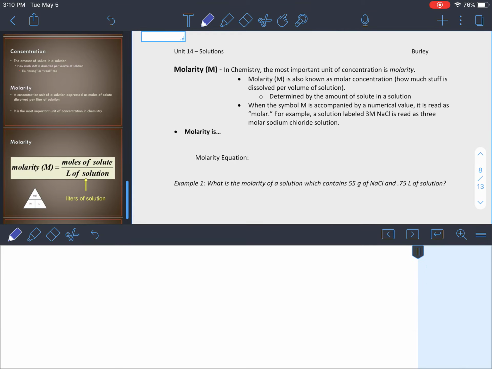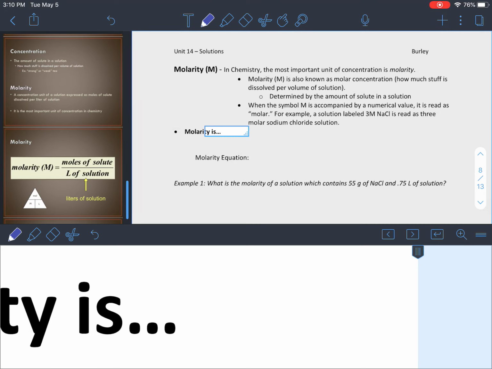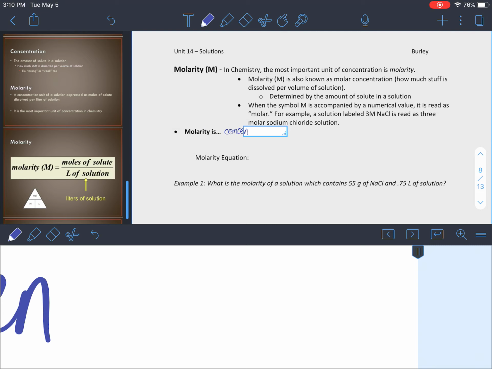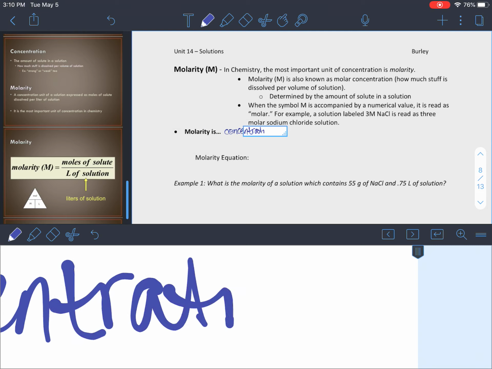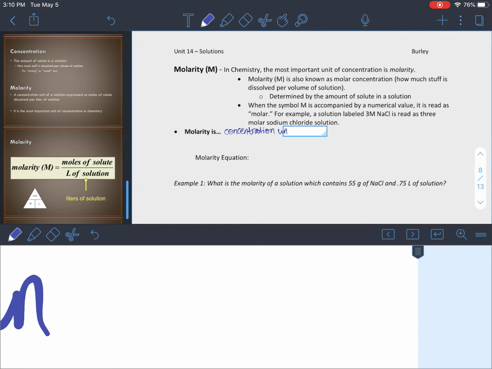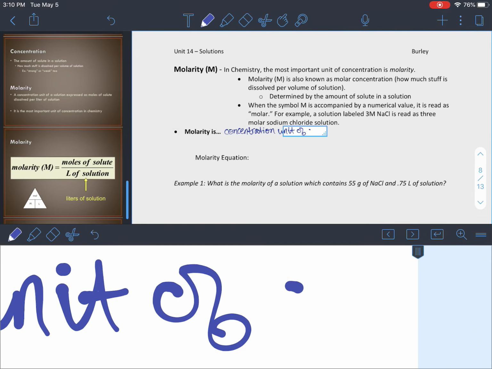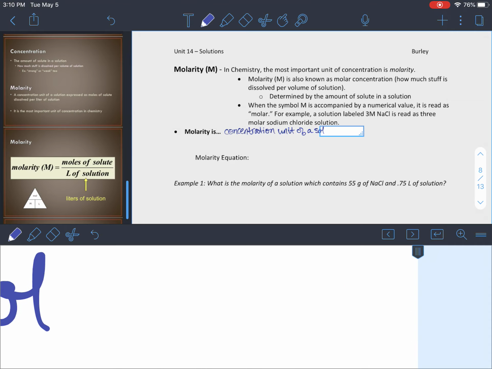So molarity is a concentration unit of a solution. And it is expressed as moles of solute dissolved per liter of solution, right?